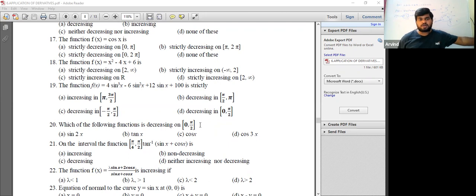The function f of x equal to cos x is strictly decreasing in 0 comma pi, as we did. So the same thing applies here, same logic, you just differentiate. For tan x in 0 to pi by 2, differentiating gives secant square x. Secant square is a positive quantity, so tan x gives secant square, which is always positive in 0 to pi by 2.